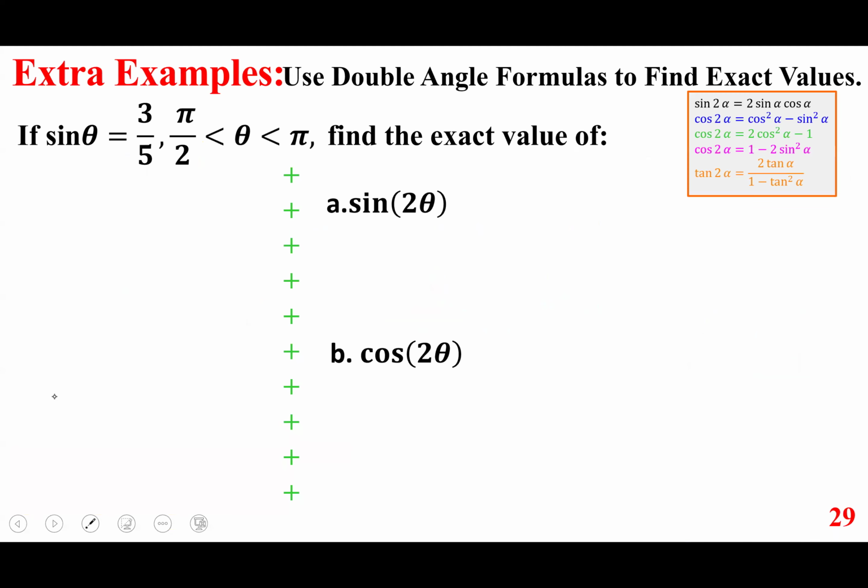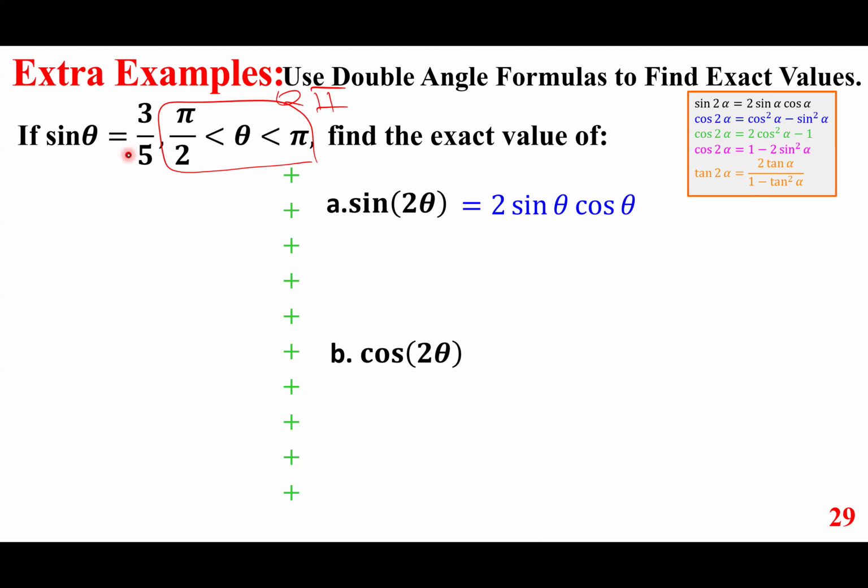And then an extra example: if sine theta is given as 3/5 and it's in the second quadrant, everybody, find the exact value of sine 2 theta and cosine 2 theta, and let's see what we get. Of course, we know sine 2 theta is 2 sine theta cosine theta, which means we need sine theta as well as cosine theta.